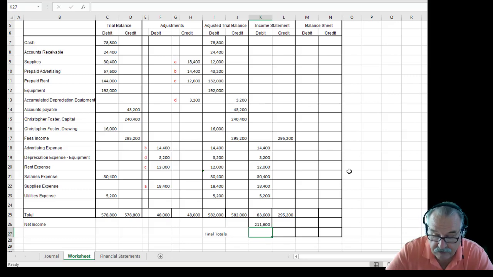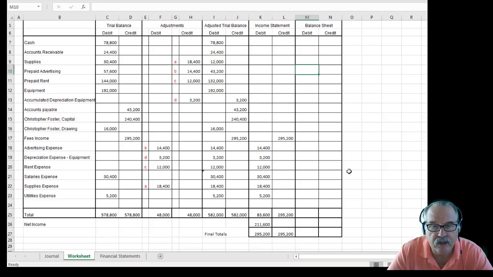So net income is going to be the difference between revenue of $295,200 and expense of $83,600. So my net income is $211,600. In other words, revenue is $211,600 more than expenses. So in order to balance out these two columns, I put the net income on the debit side because the debit side is lower.